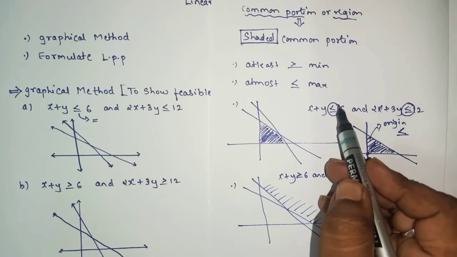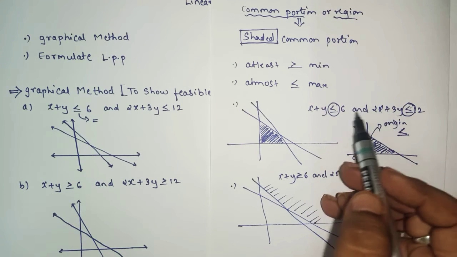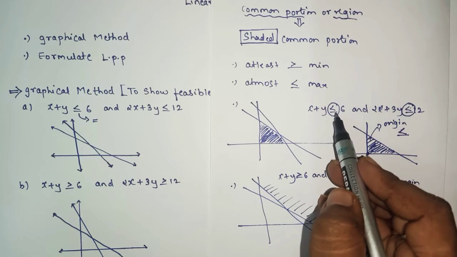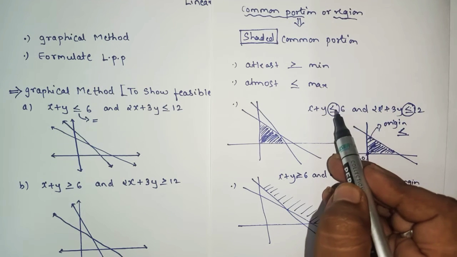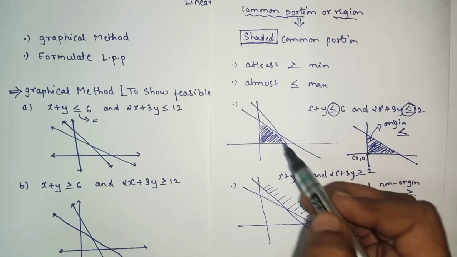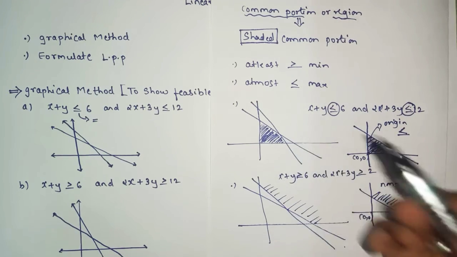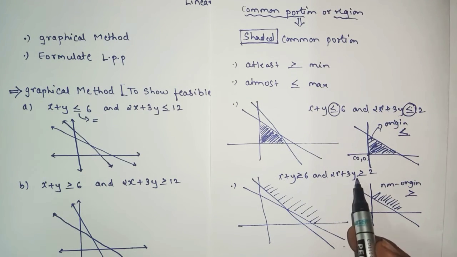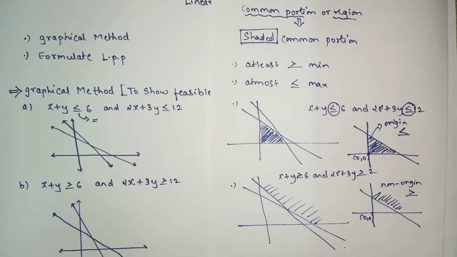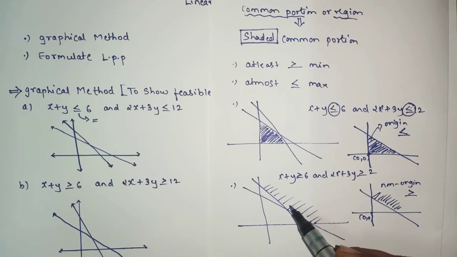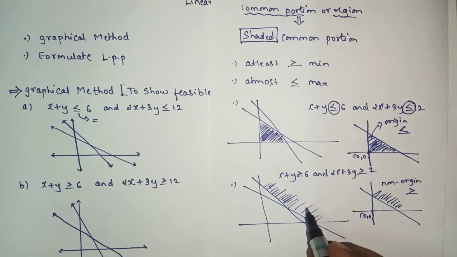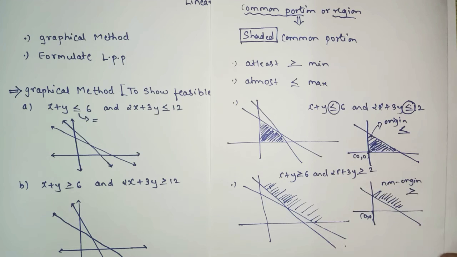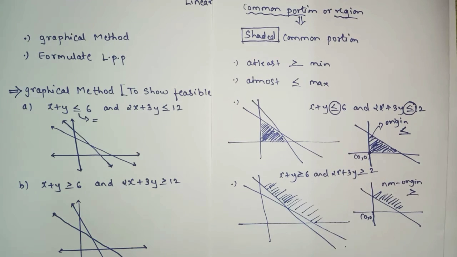Okay, so remember, whenever it is less than, a particular equation should contain the same symbol, less than, then the shaded region will be inside. When it is greater than for two, yeah, more than two linear inequations, the shaded portion, the feasible region, will be outside. So here I will use the word non-origin side, and for this I will use the word origin side. So remember this trick.